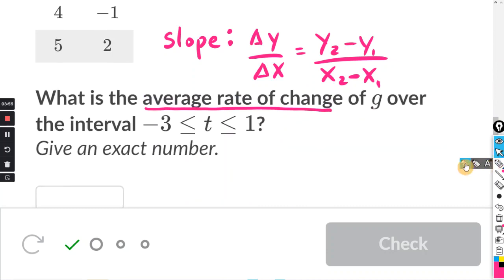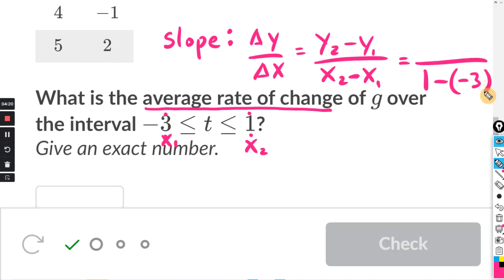All right, so the slope is going to run from 1 to 3. You can call either one X1 and X2. I'll call this X2, and I'll call this X1. So in the denominator, it's just going to be 1 minus negative 3.